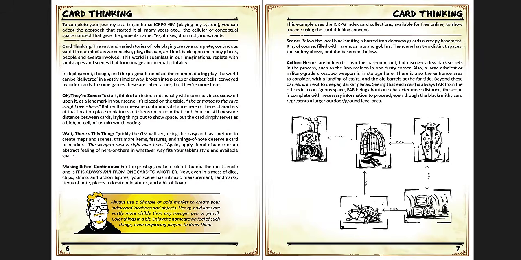Now, one thing that's really cool is this idea of card thinking, right? Now, Index Card RPG, ICRPG, uses index cards. But the idea of index cards is actually a really, really cool thing. This idea of points or zones, right? You think of cards as, I'm not even going to be able to put it well. Certainly not as well as Hankerin does here. But this idea of anchoring your thinking to concrete things, right?